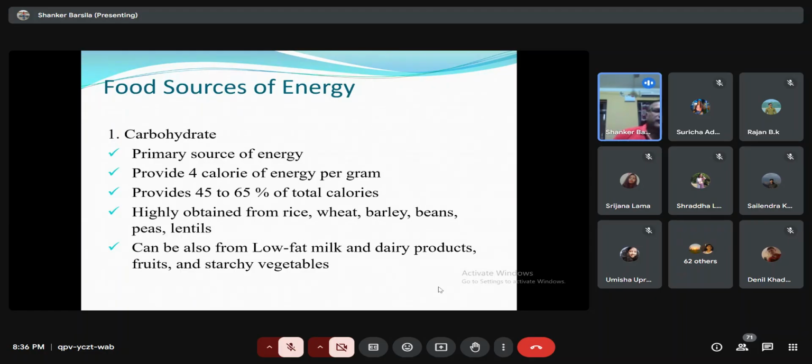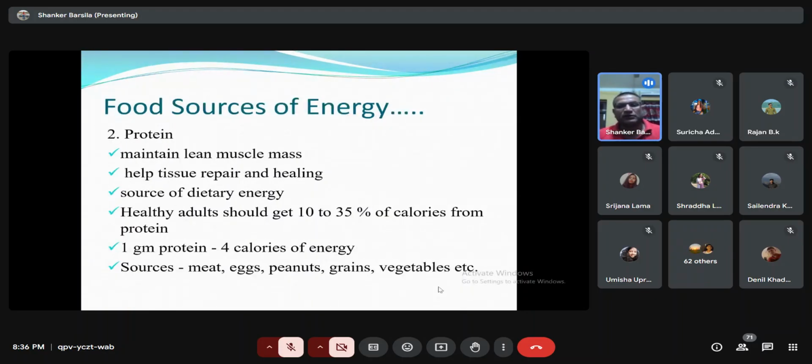The form of carbohydrate present in fruit may be fructose, and starchy vegetables, let us say potato, that's the starch. Okay, but if it is honey, then it may be levulose, D glucose.